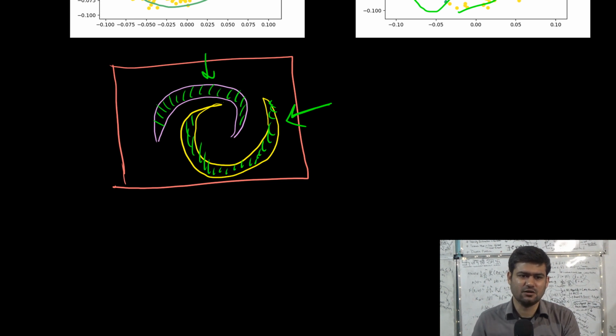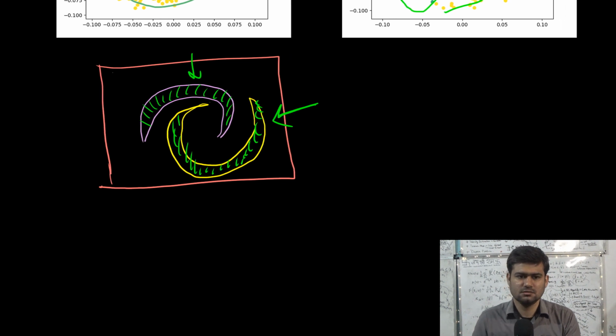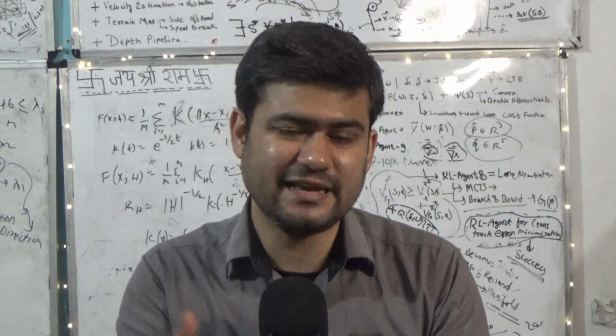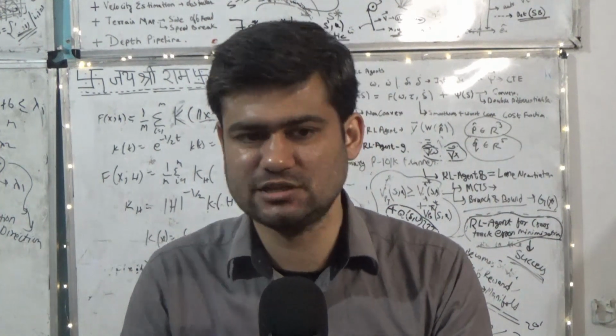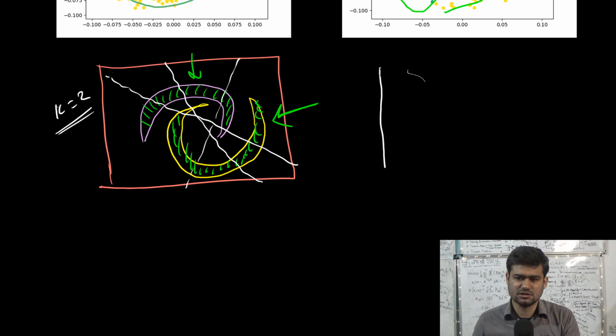But if you run the k-means clustering algorithm on such kind of data set, it may give partitioning that may look something like this, or maybe something like this, or maybe like this. So even with k equal to 2, we may not get the ideal clusters, even though they are very easily separable in this feature space, since there is not even an overlap between the different clusters.